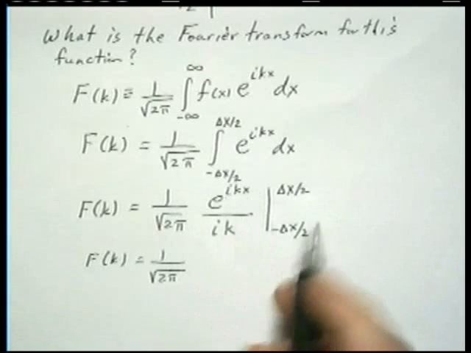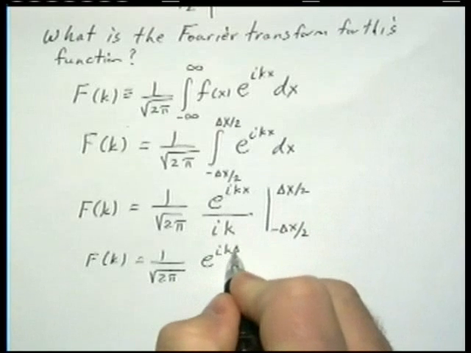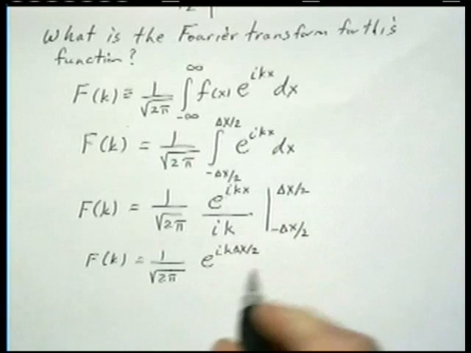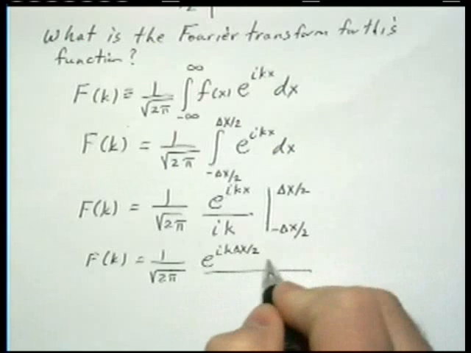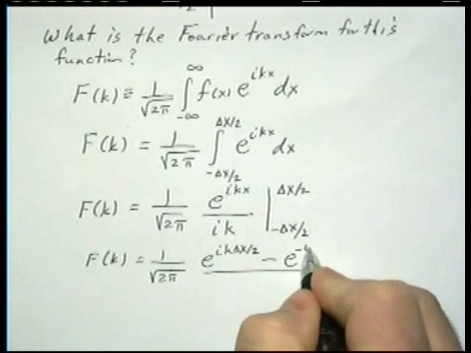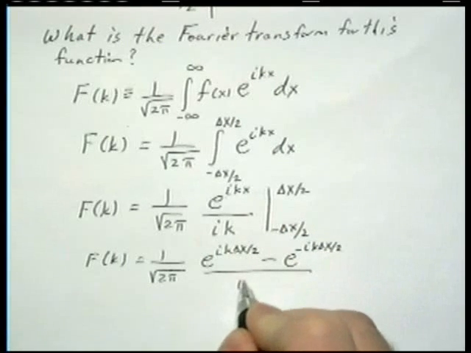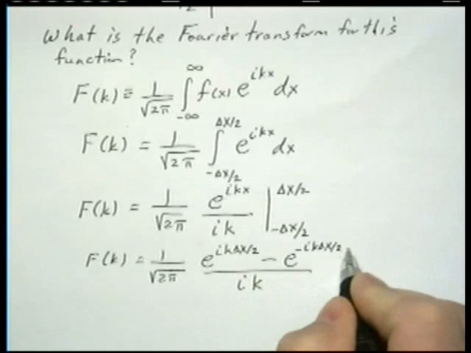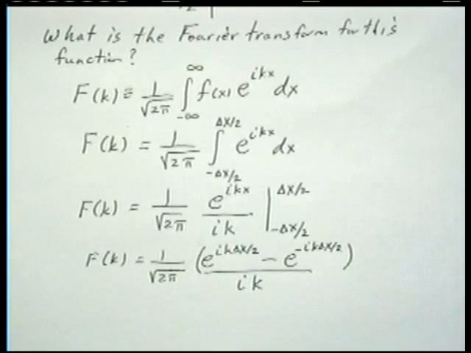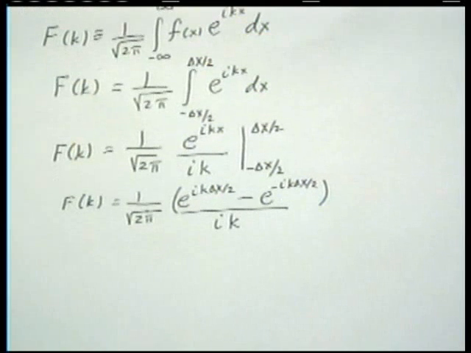Put that in there, and I get e to the i k delta x over 2. And then minus, I put that in there, e to the minus ik delta x over 2, over ik. And in the book at this point, he starts skipping some steps.